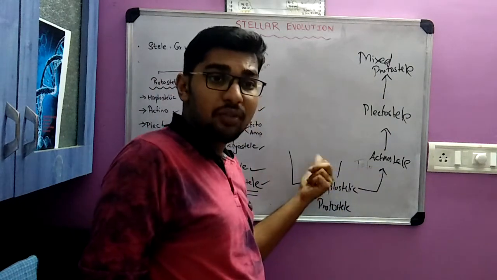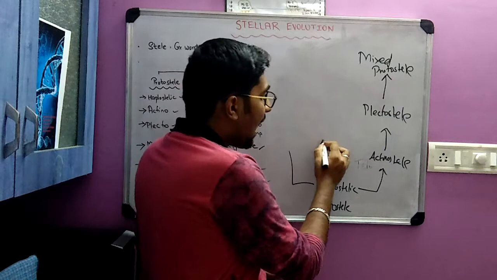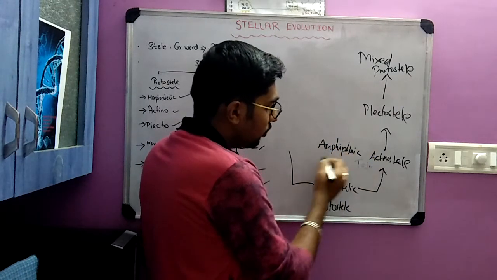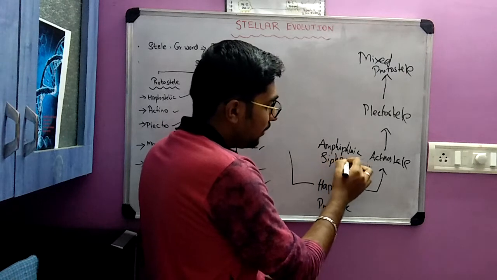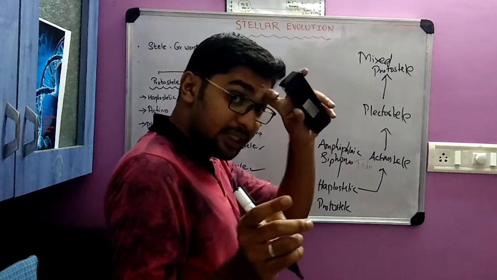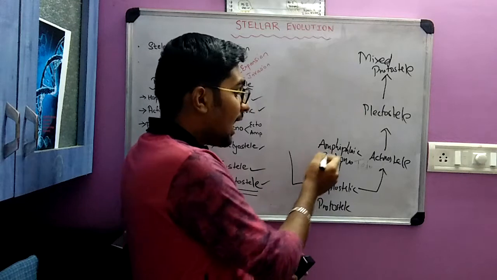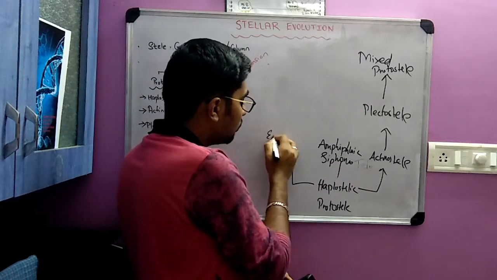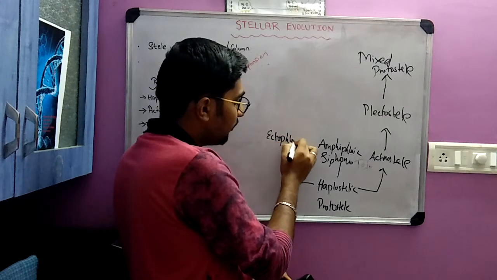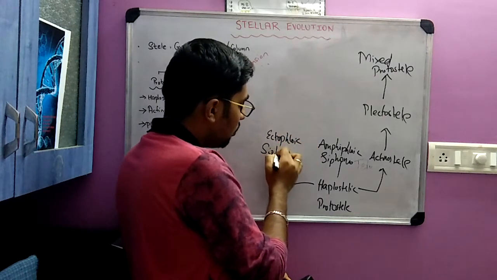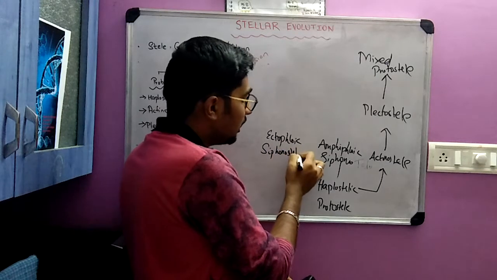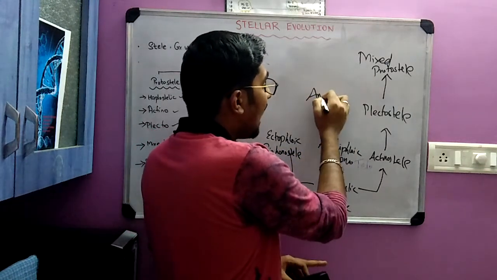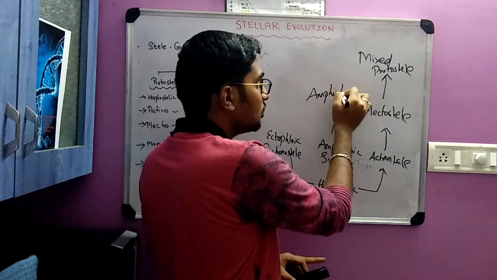In the second line of evolution, it gave rise to amphifloic siphonostele. Pith developed by means of two theories: expansion theory and invasion theory. On the other line it gave rise to ectofloic siphonostele. This amphifloic siphonostele gave rise to amphifloic solenostele.